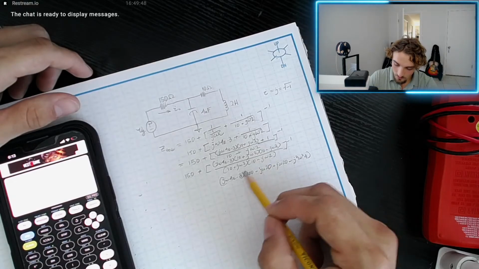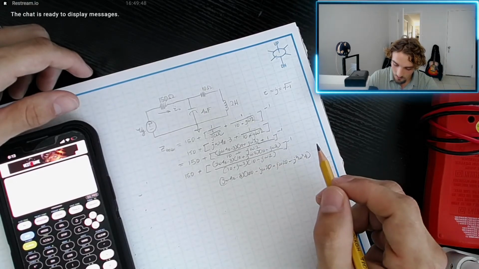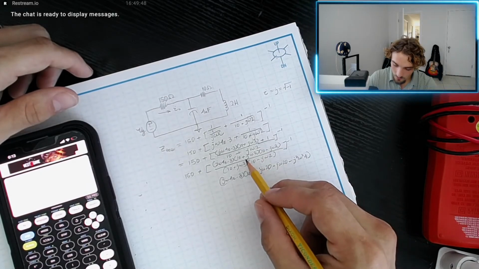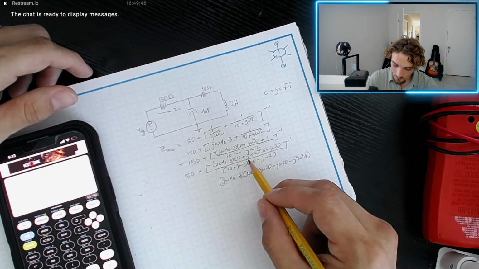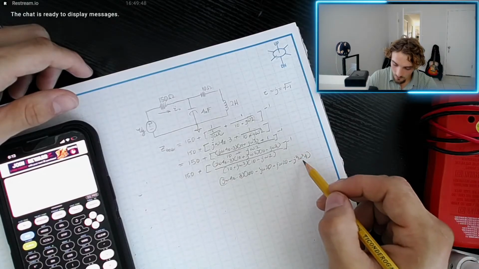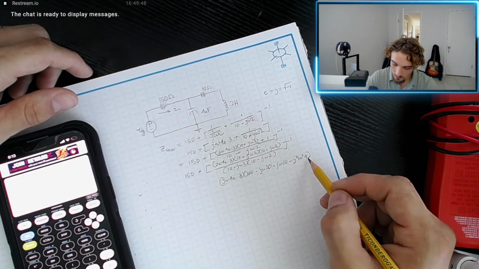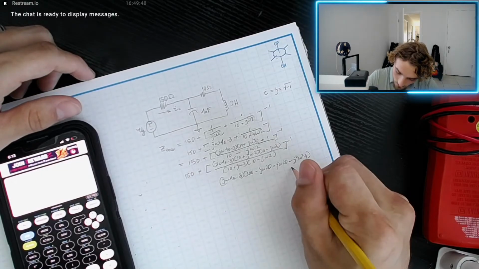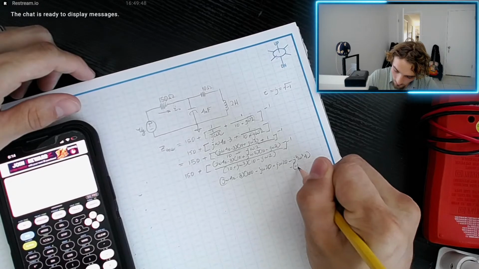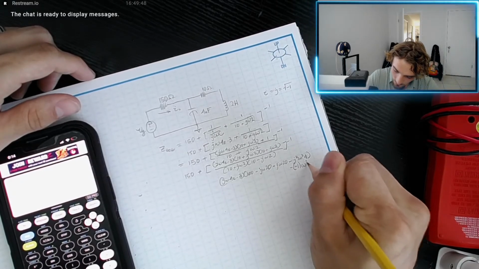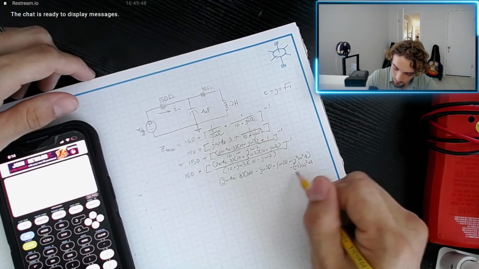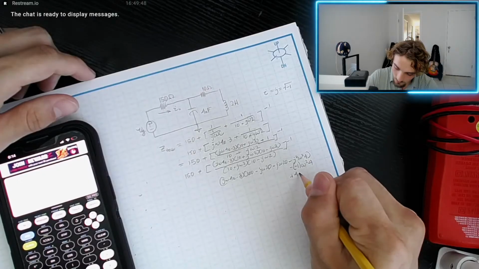Yeah, 10, 100, 10, negative, positive, negative, negative j squared, negative squared 4. What that would reduce to: negative 1 omega squared 4. Well, it's going to be a positive, plus 4 omega squared.